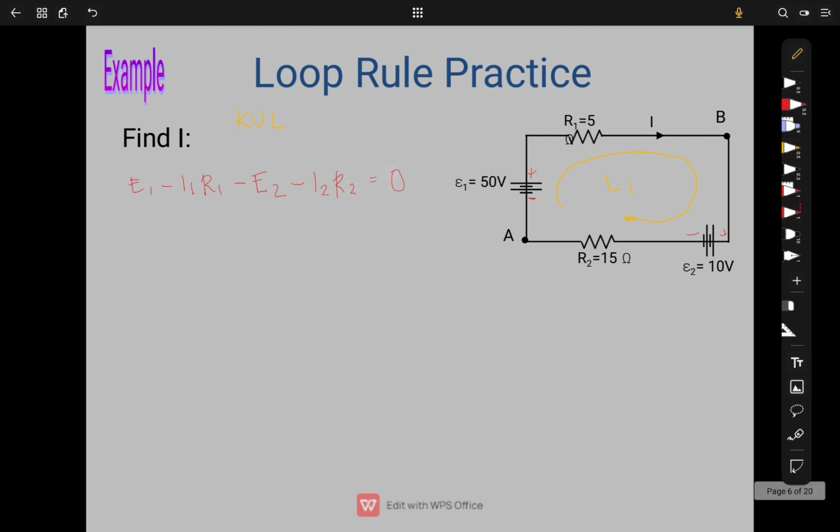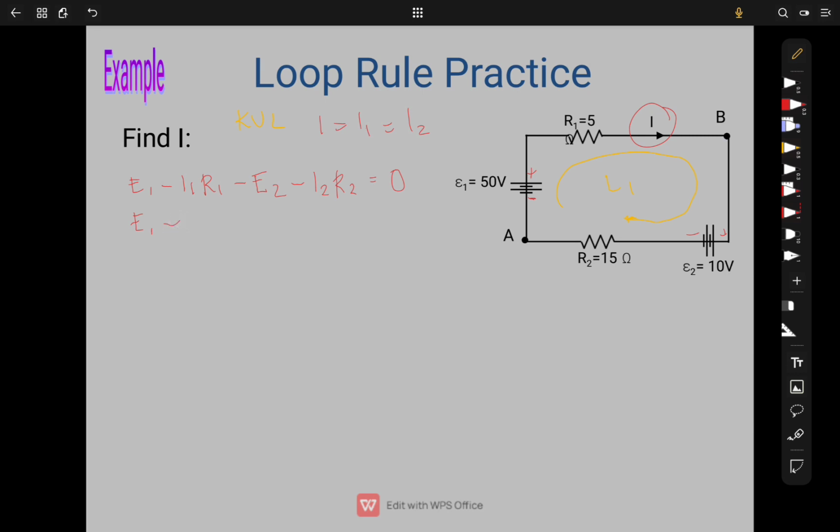equal to 0. And alam natin, kapag nasa isang series tayo, di ba, yung current nila is just the same. And this one, I1, will be represented by I is equal sa I1 is equal sa I2. So, we can rewrite this equation by, sorry, that's minus.